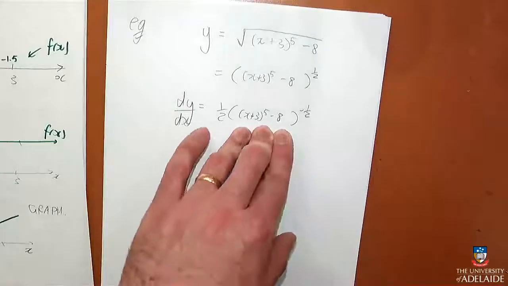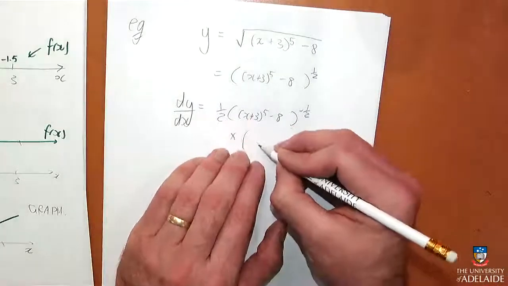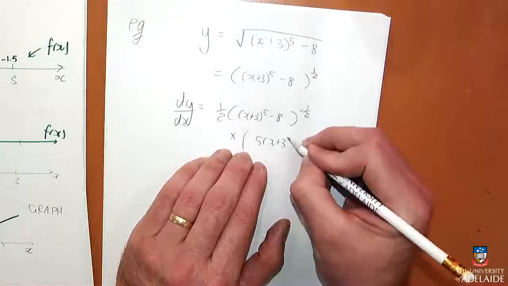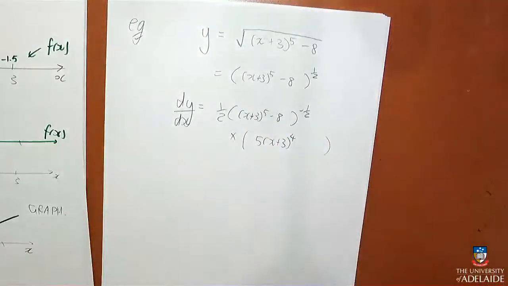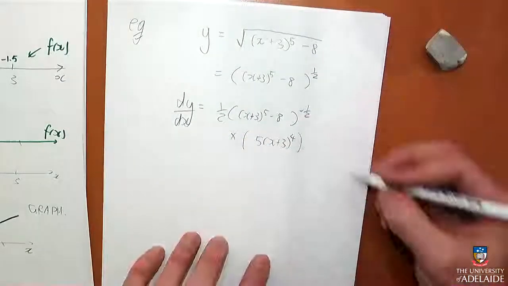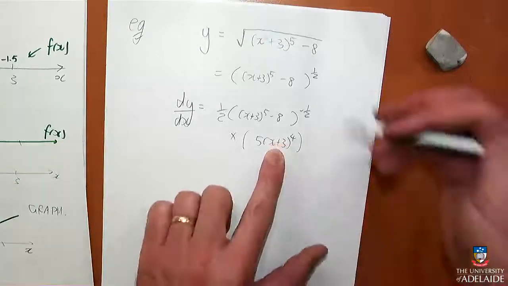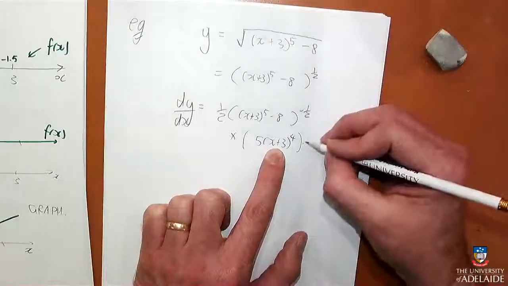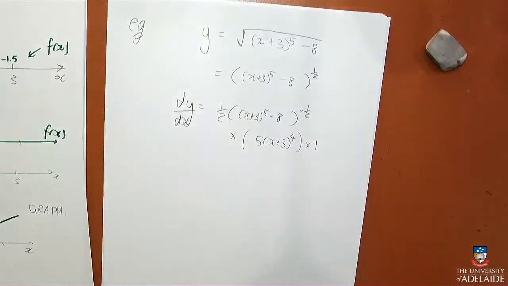Now the derivative of that, well, it would be 5 times x plus 3 to the 4 minus 0. But now there's another derivative on the inside of this. And actually, do you know what? The derivative of x plus 3 is 1. So you can do this as long as you like, and you can just keep pulling out the next bit and doing the next derivative as you go.